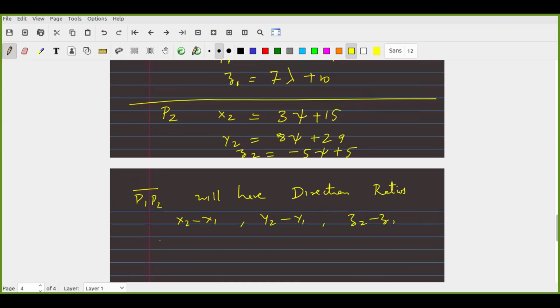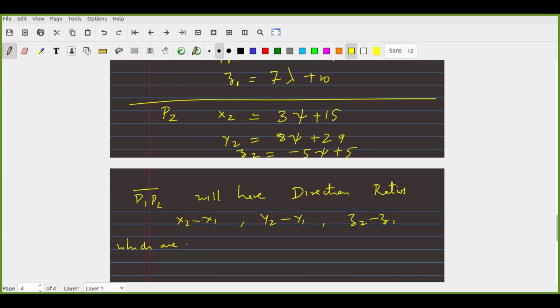Therefore, if you find the difference between these two, I think I have not done x2 minus x1. It's all the same.